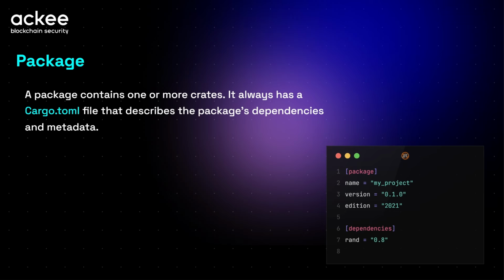The first part is the definition or the metadata of the package, in this case name, version, and edition. And then we have specified the dependencies which we would like to use in our package or in our crates, in our code. In this case that's rand and the version of the desired crate.